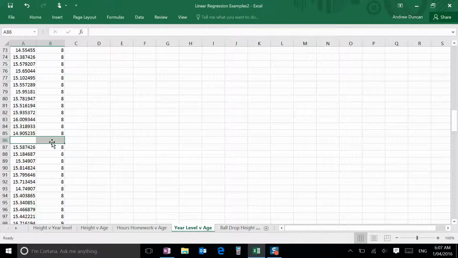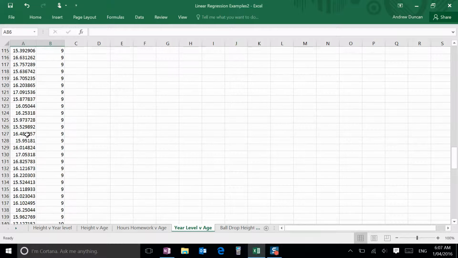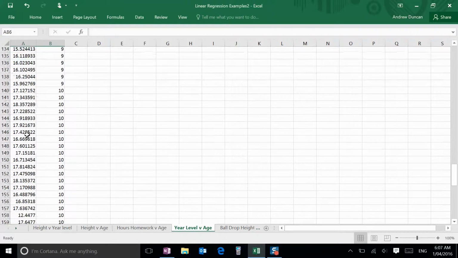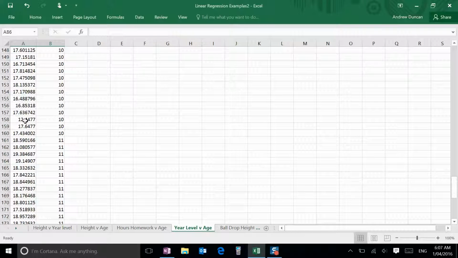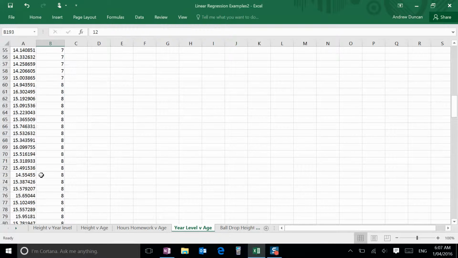A ten-year-old in year 8? I don't think so. A 17-year-old in year 9? Okay, I've had that before. A 12-year-old in year 10? Don't think so. A 21-year-old in year 12? Yep, seen that as well. So all those things are okay.